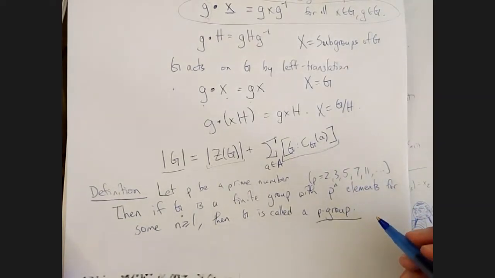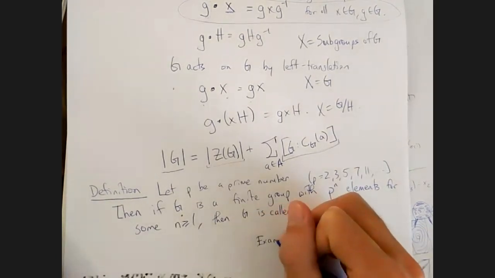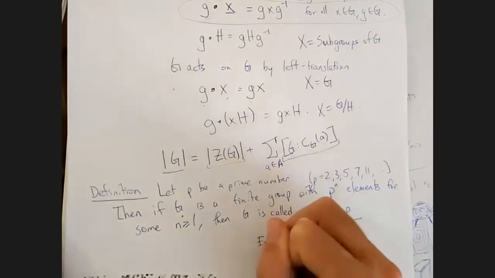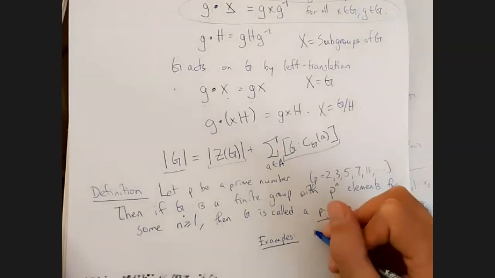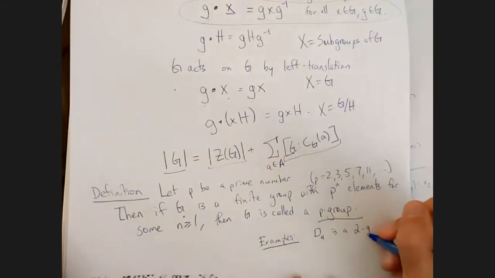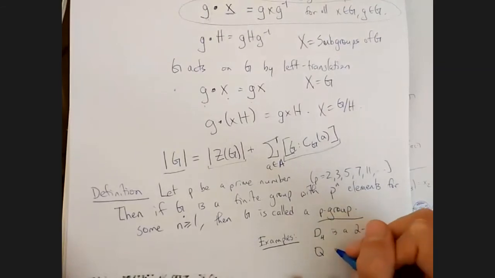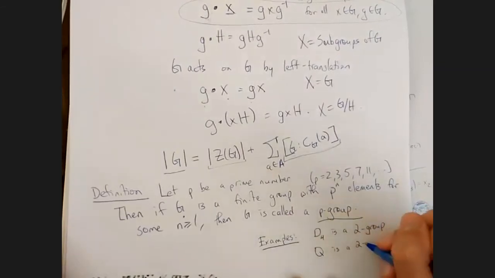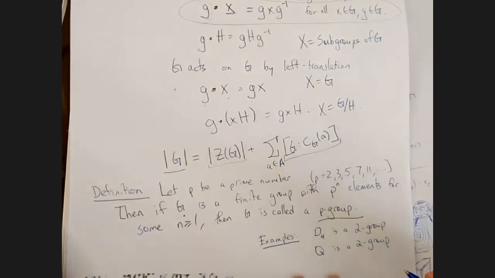So we've seen some already, at least for P equals 2. We have D4 is a 2 group. The quaternions, that is a 2 group.